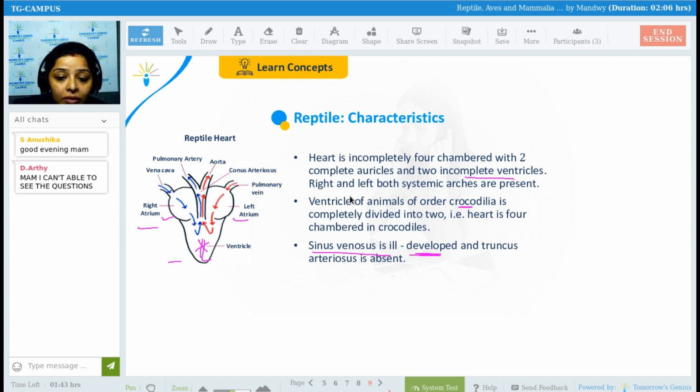What is sinus venosus? What is sinus venosus? Aarti, Anushika, what is sinus venosus? Sorry.